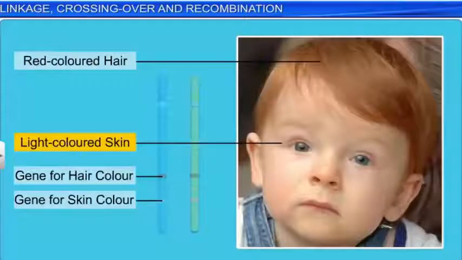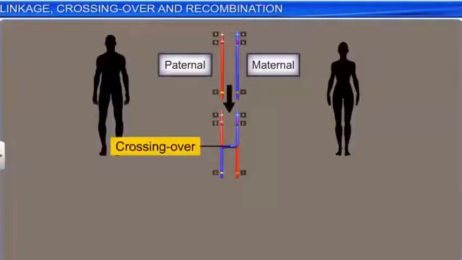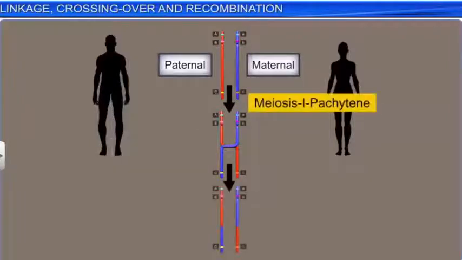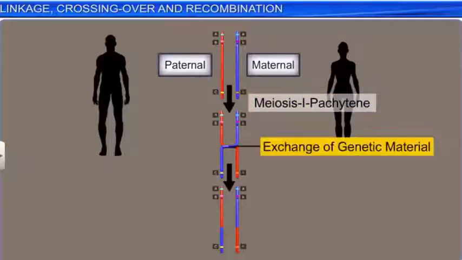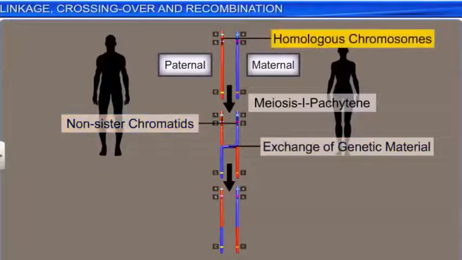If an individual inherits one of these traits, he or she is most likely to inherit the other trait too. This phenomenon of linkage can be better understood through a process known as crossing over, which occurs during meiosis. During the Pachytene stage of meiosis I, sections of a chromosome usually intertwine and exchange genetic material between non-sister chromatids of homologous chromosomes.